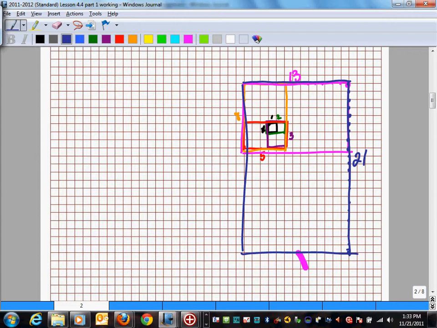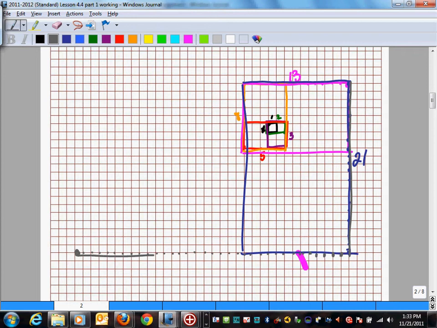And the last one is 21 by what? 34. So, goodness. 21, and start counting by 34. 1, 2, 3, 4, 5, 6, 7, 8, 9, 10, 11, 12, 13, 14, 15, 16, 17, 18, 19, 20, 21, 22, 23, 24, 25, 26, 27, 28, 29, 30, 31, 32, 33, 34.